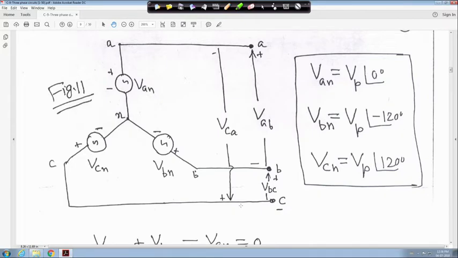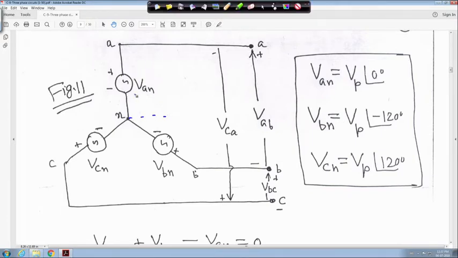So ABC is drawn. VAN is equal to VP angle 0 degree, it is balanced. VBN is equal to VP angle minus 120 degree, ABC sequence, and VCN is equal to VP angle 120 degree, right.